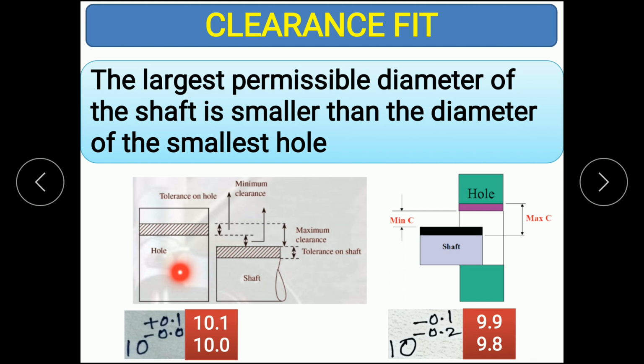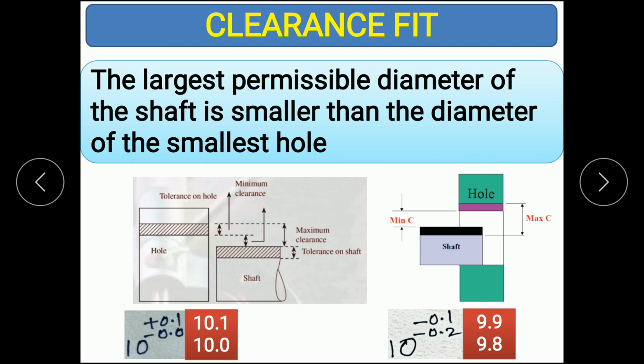Here it is explained with an example of dimensions. This is the dimension of the hole and this is the dimension of the shaft. The largest diameter of the shaft is 9.9. The smallest diameter of the hole is 10. So the largest diameter of the shaft, 9.9, is smaller than the smallest diameter of the hole, 10.